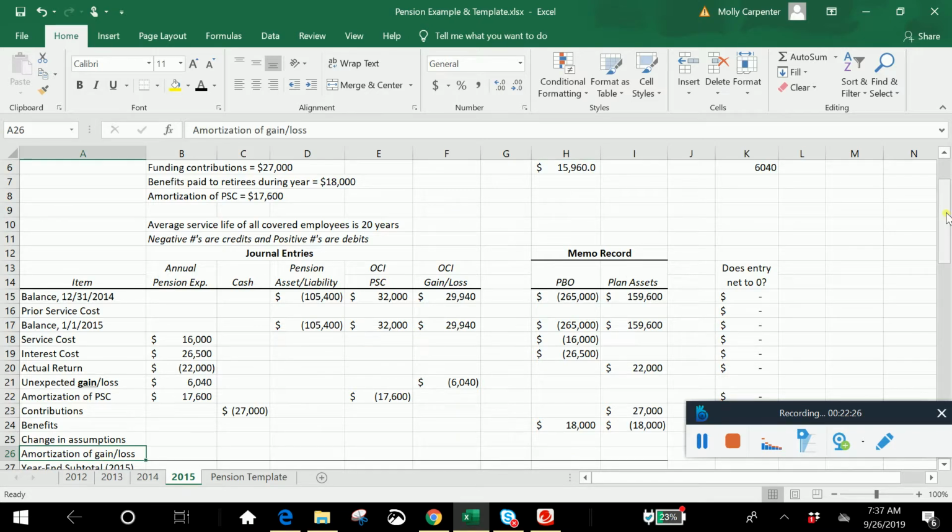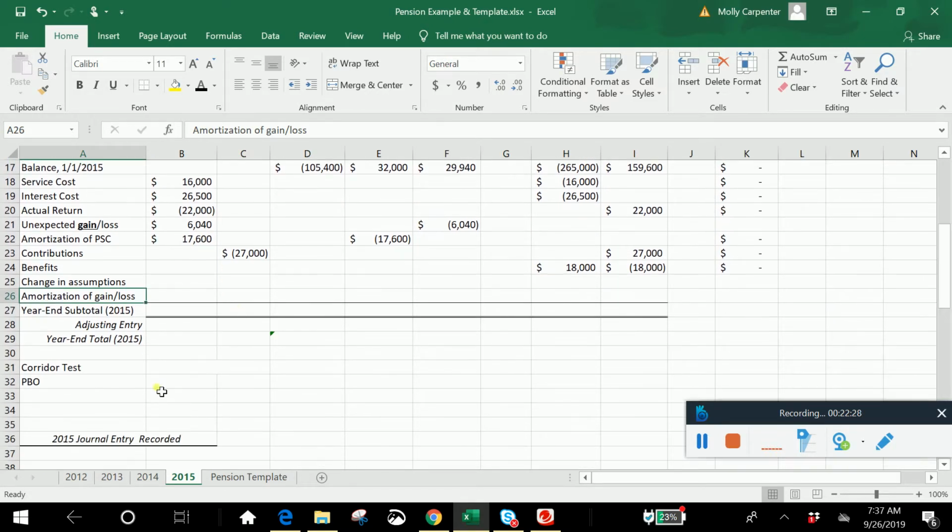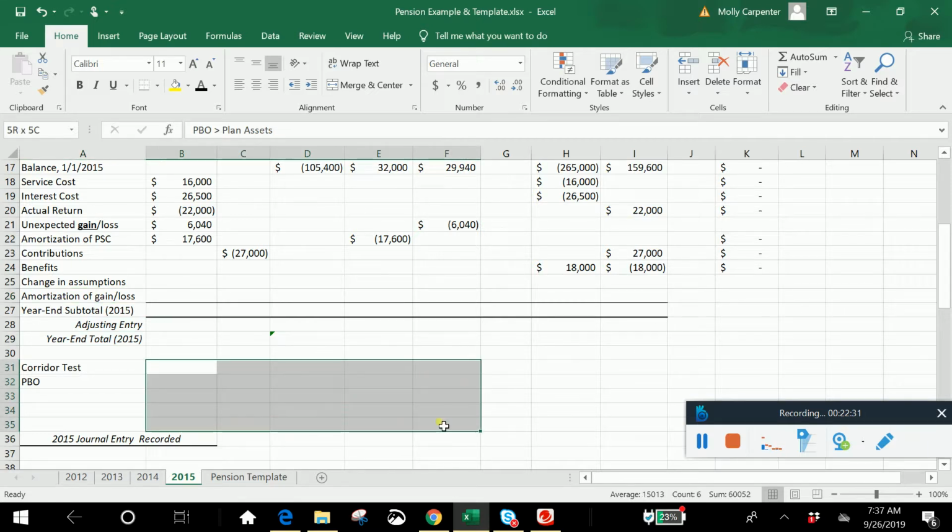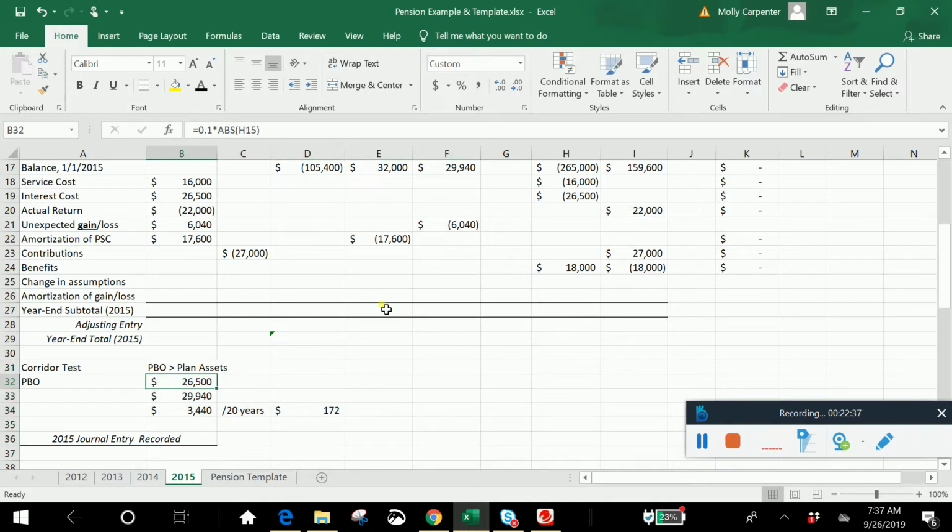So I had mentioned in the previous year, at the end of the year, we did a calculation. So we said that our PBO was $26,500. That was the beginning of the year balance. Our actual amount sitting in our OCI gain loss account is $29,940.